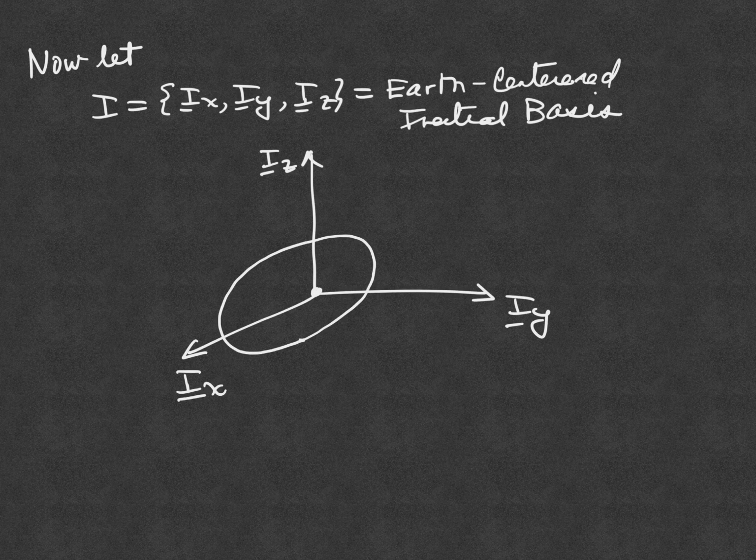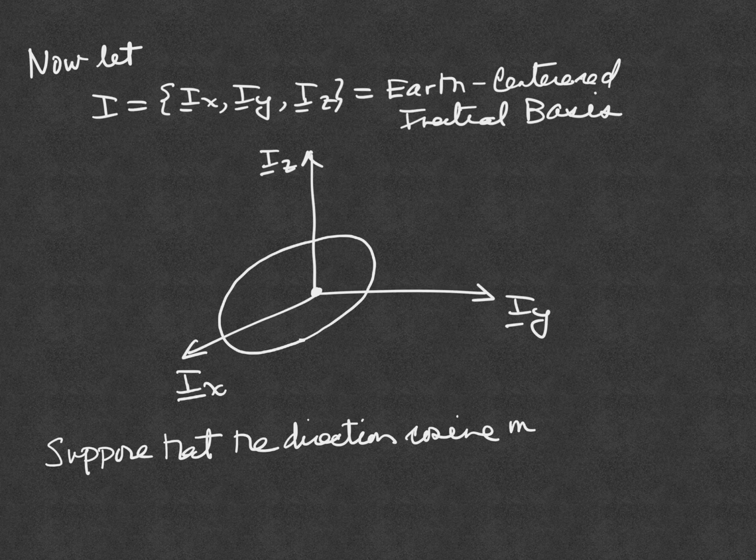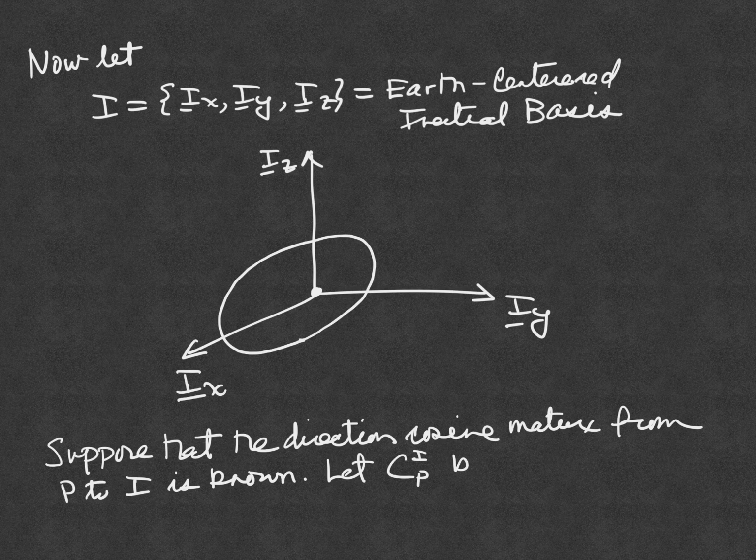I'm not going to get into the details of what's in the diagram, but that's the original picture. And if I use that terminology for the Earth-centered inertial basis, suppose that the direction cosine matrix from P to I is known. And we'll say let C_P to I be this direction cosine matrix.